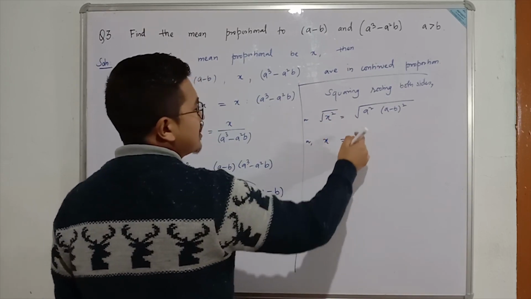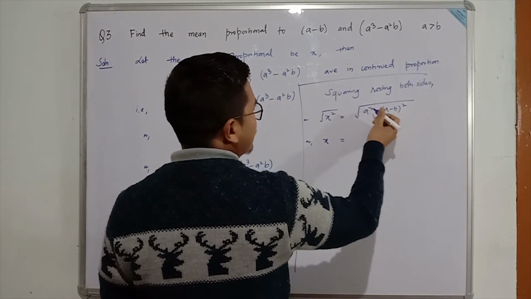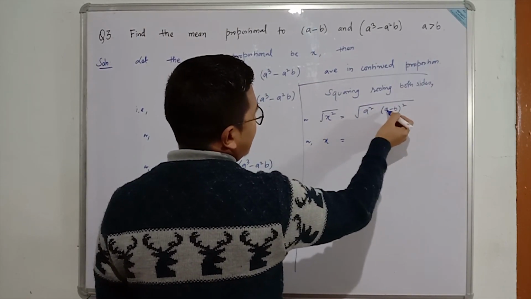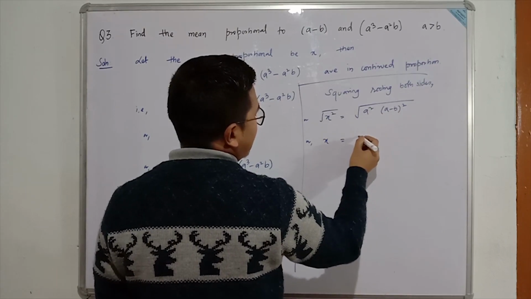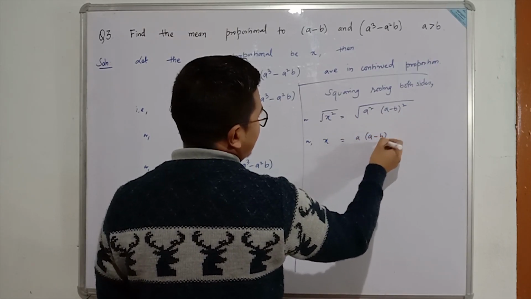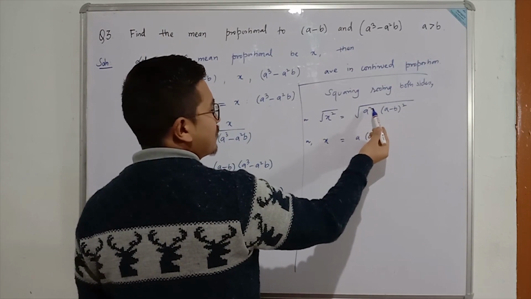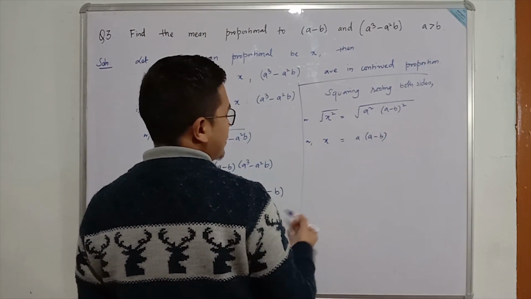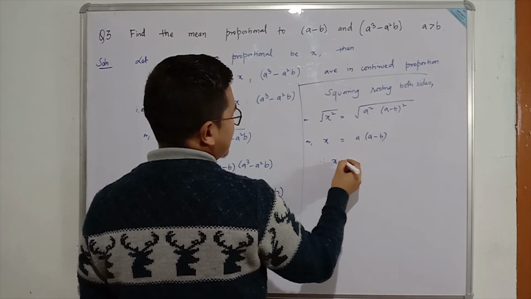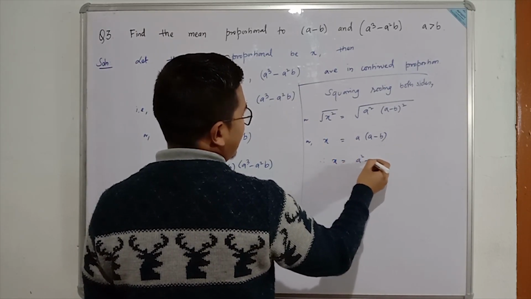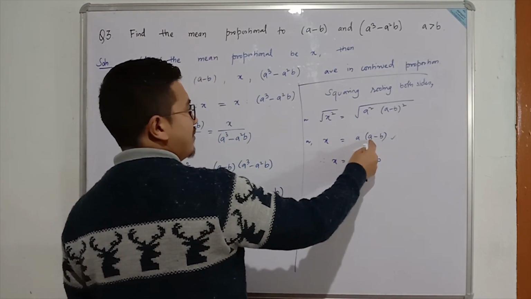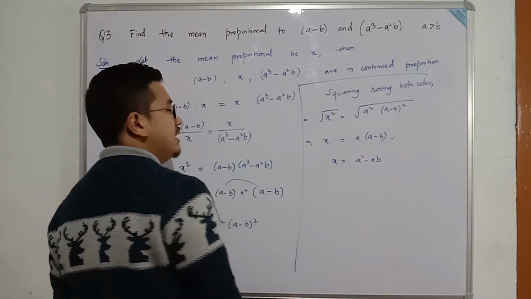So here also it is a square into a minus b whole square. So square root can be separated for a square and a minus b whole square. So we'll get a into a minus b. So square root of a square is a and square root of a minus b whole square is a minus b. So therefore x is equal to a square minus ab, or you can keep it like this also, a into a minus b, and a square minus ab will be the same thing.